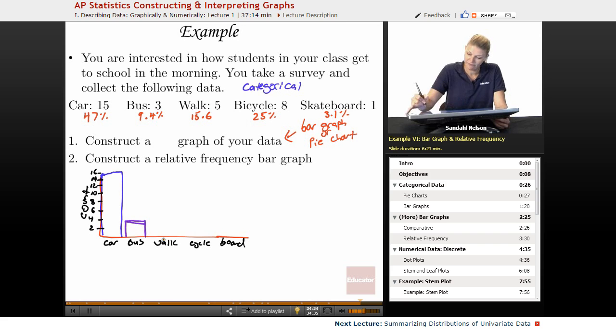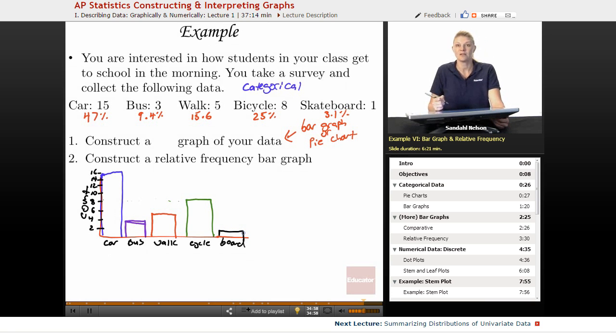Okay, walk we had 5. Cycle we had 8. And then for boarding we just had 1. Perfect.